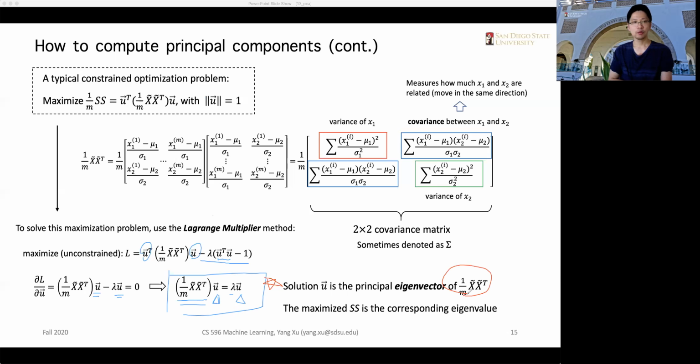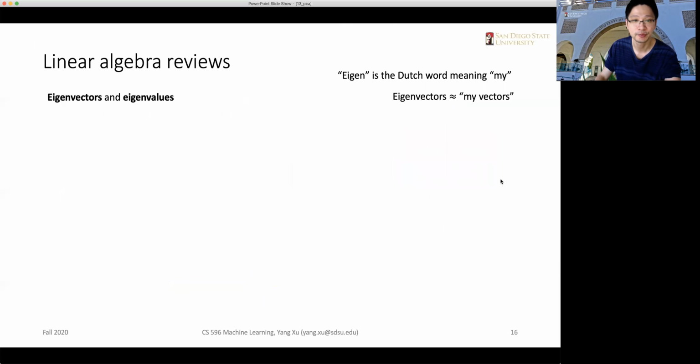Okay, so now let's review a little bit what eigenvectors are. It is something we picked up in linear algebra, as some preparation knowledge maybe years ago, so maybe we need some refreshment here. All right, so eigenvector, in German or Dutch, basically means my vectors.